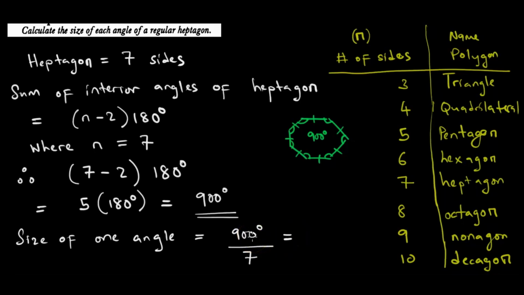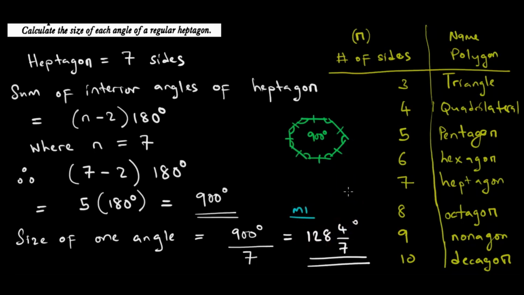So what do we get when we divide 900 by 7? We get 128 4/7 degrees. This will be our final answer. So this is a way of thinking about it intuitively.